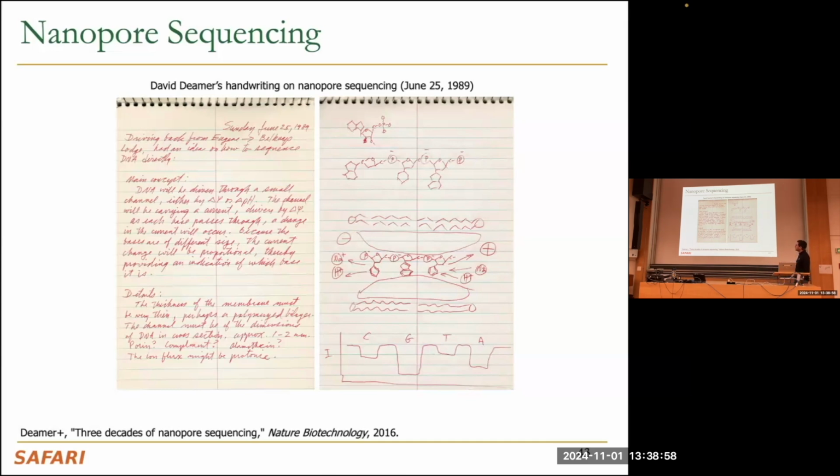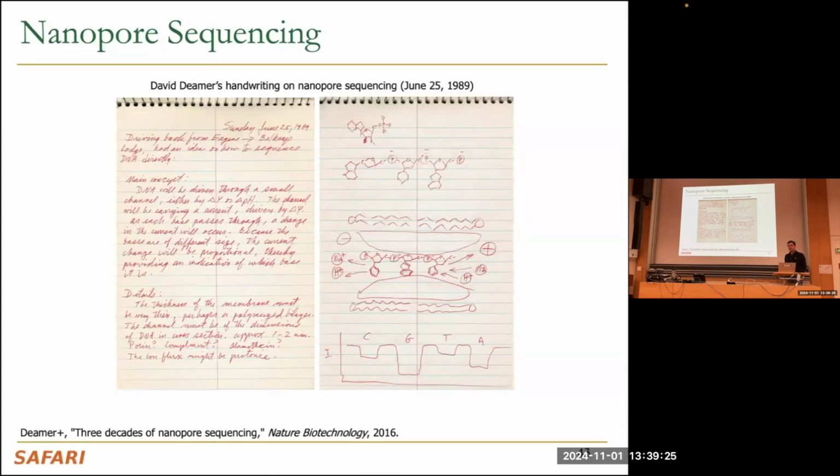Here, maybe one layer is charged with particular ions and the other with the other type of ions. For example, this part might be positively charged and this part negatively charged. David was thinking about this idea because he probably knew that DNA is also negatively charged.